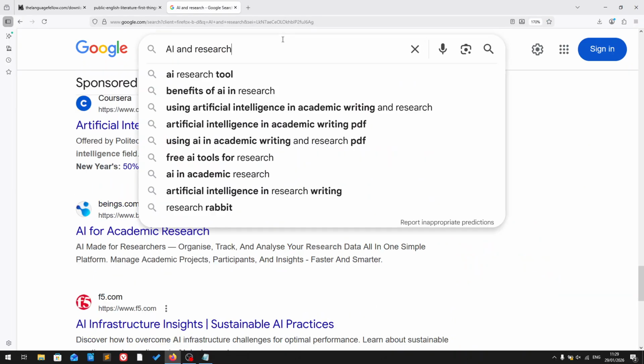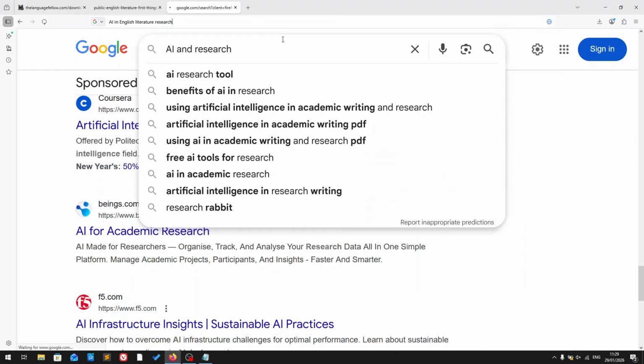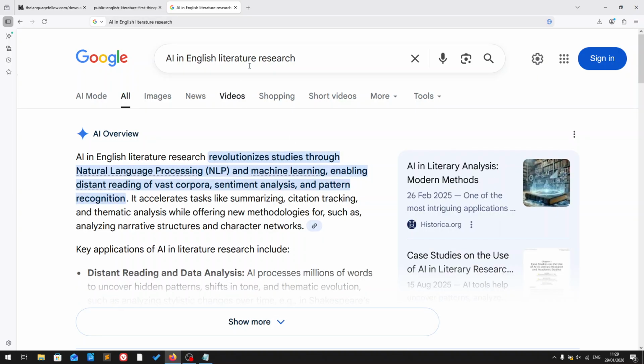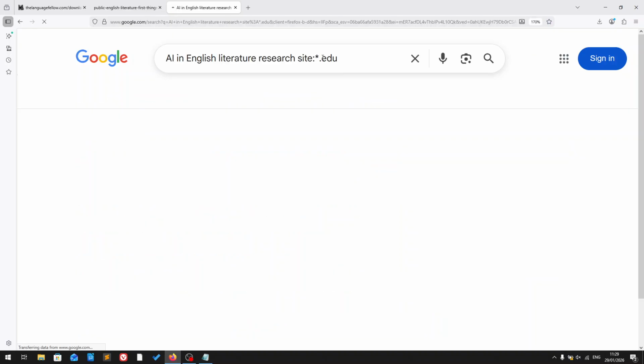But AI in research, let's focus on AI in English literature research. Cite anything.edu.